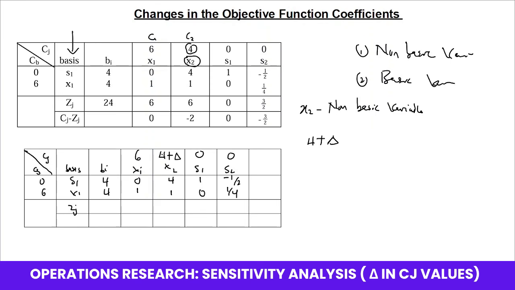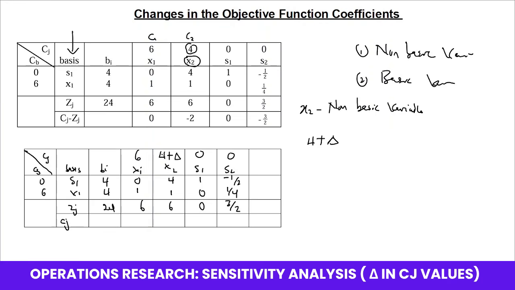So let's calculate our ZJ values. I think it's going to be the same. It's our CJ minus ZJ value that's going to change. So 24, 6, and this one is going to give us 6. We still have our 0 here, and then 3 on 2.